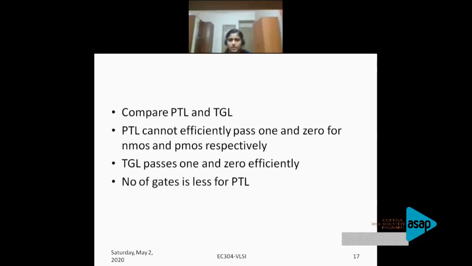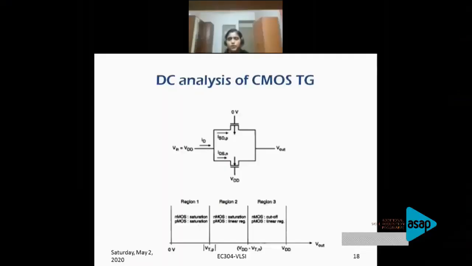We have defined what a transmission gate is, and we also have seen how to implement basic circuits using transmission gate logic. Okay, so thereby we move on to the last part of transmission gate, that is the DC analysis of a CMOS transmission gate. We are just trying to find out what is the total resistance of a transmission gate and why we do that.